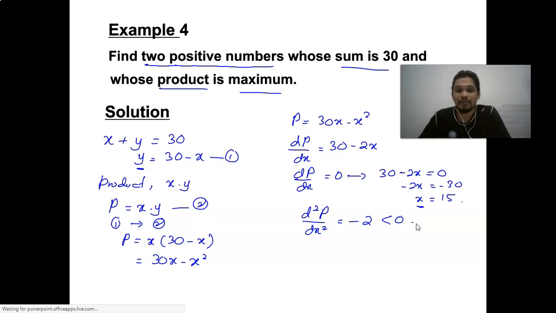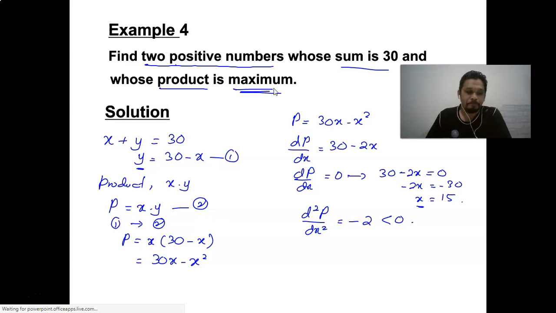So clearly it is a maximum, because the second derivative of P with respect to x is a negative number, less than 0, so it is maximum.